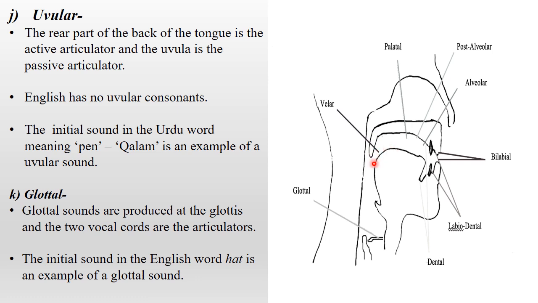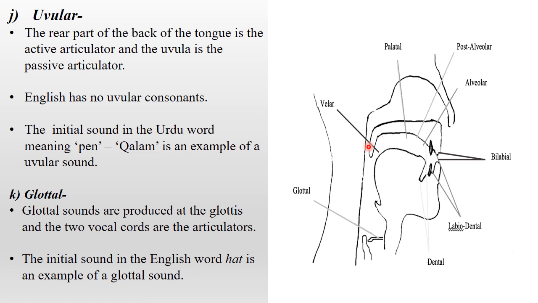The rear part of the tongue goes in contact with the uvula. This image doesn't have a label for the uvula, but it is situated here. So the back of the tongue goes in the direction of the uvula and the sound is produced.